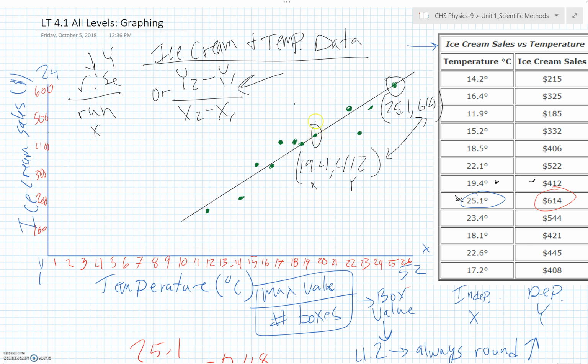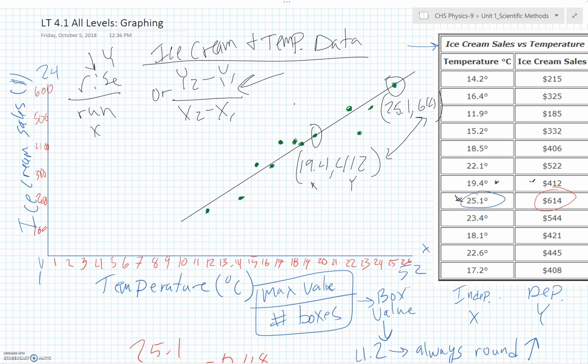I could go up and count boxes, but that's a little bit tricky since this isn't on an even interval of a box. If I count up in my boxes, I have to make sure I count in the interval that I set on my axis. On this one, I went up by 25s. So if I wanted to count up, I'd go 25, 50, 75, 100, 125, 150, 175. But that's not very exact, right? Because that's not on an actual box.